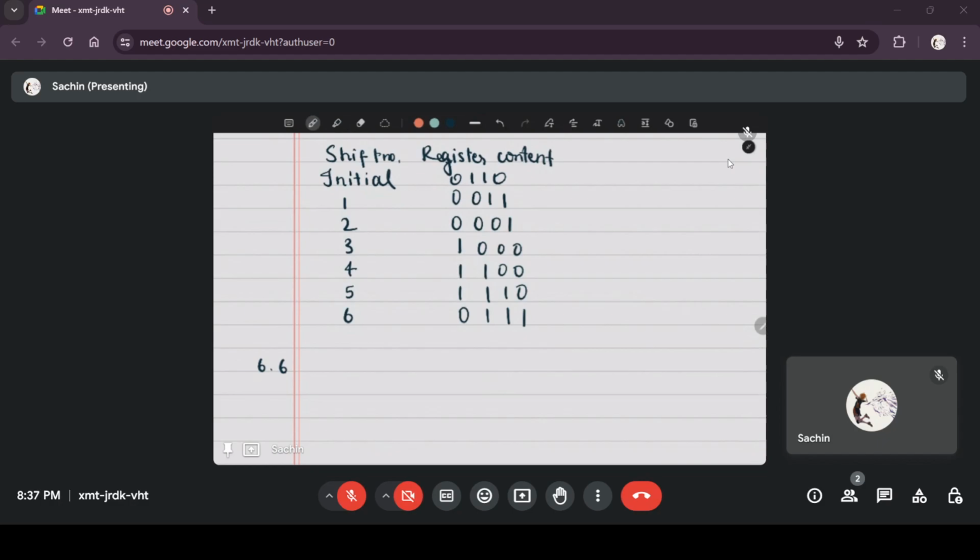If both control inputs are equal to 0, the content of the register does not change. So when shift is 1, even if load is 1 or 0, it doesn't matter. You have to shift by one place to the right. When shift is 0, if load is 1, then you have to load. If shift is 0 and load is also 0, contents of the register remain the same.